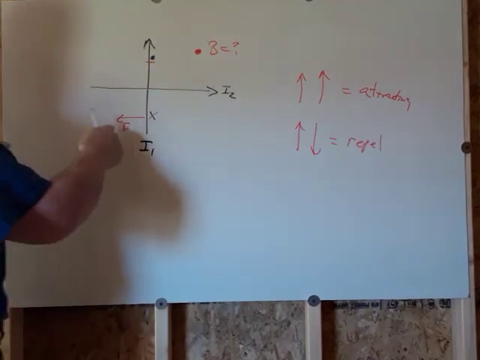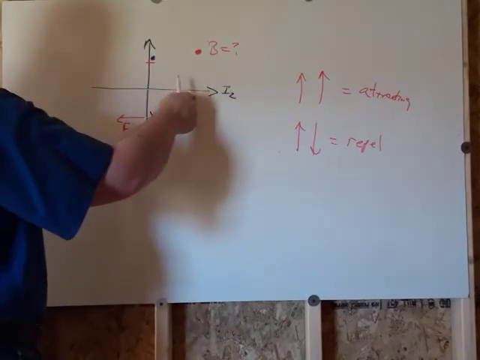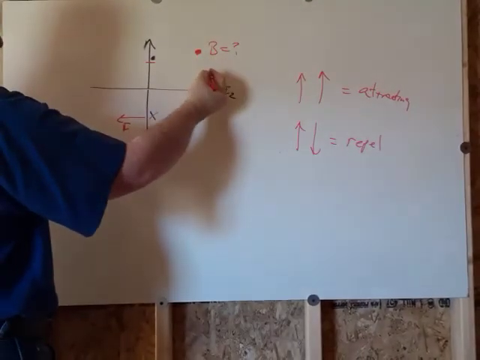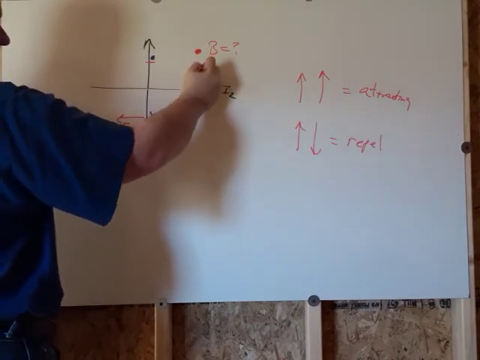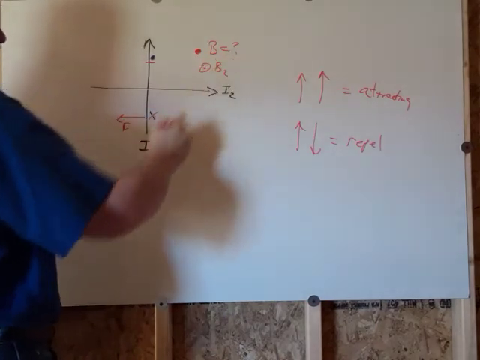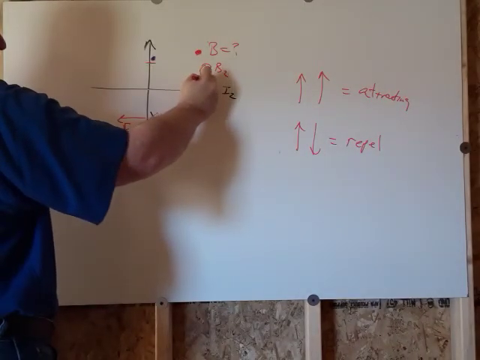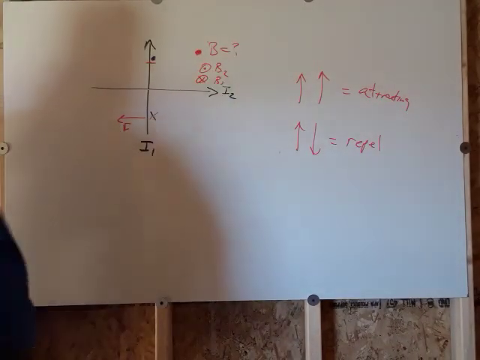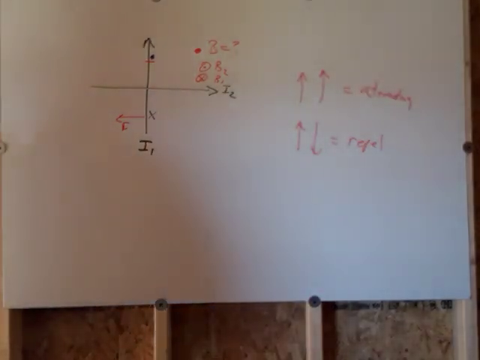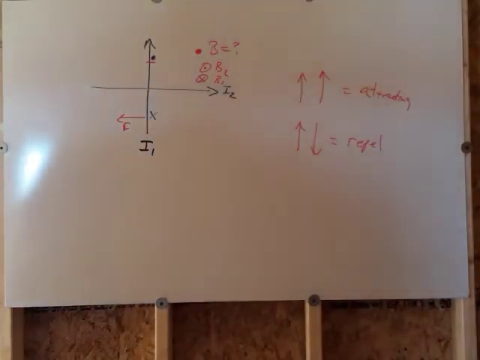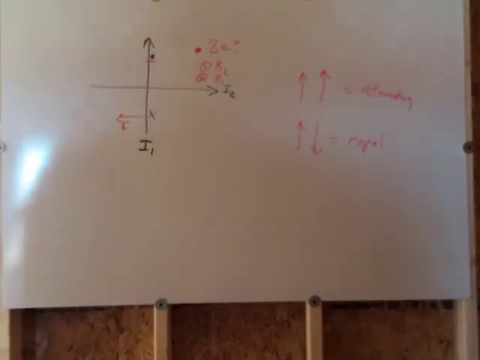These are all vectors. In this case, this wire provides a field out of the board. This wire provides a field into the board. And so you could assign some numbers and some distances and calculate what those would be.